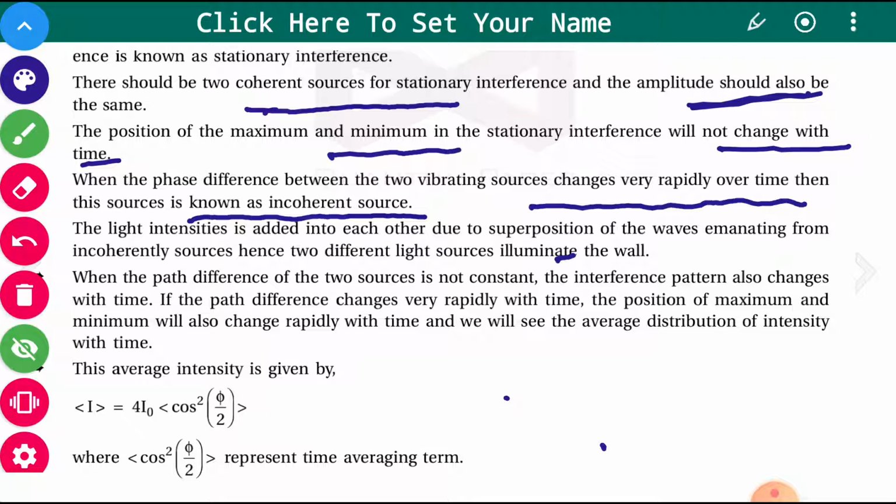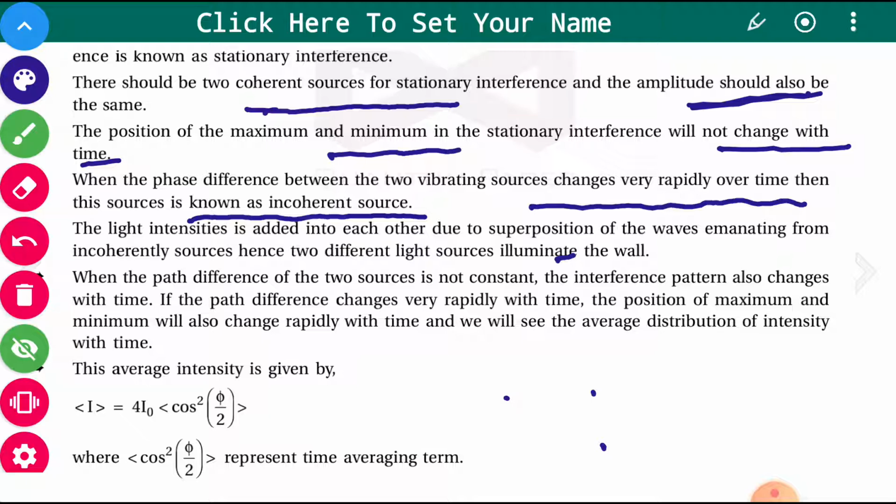When the path difference of the two sources is not constant, the interference pattern also changes with time. There must be a constant path difference also. So there must be constant phase difference and path difference.